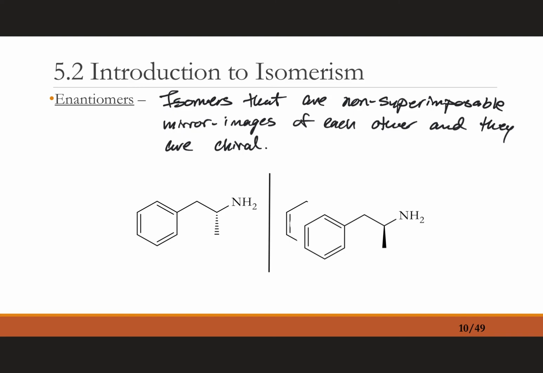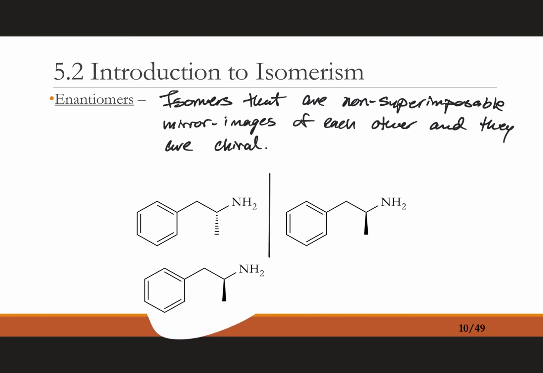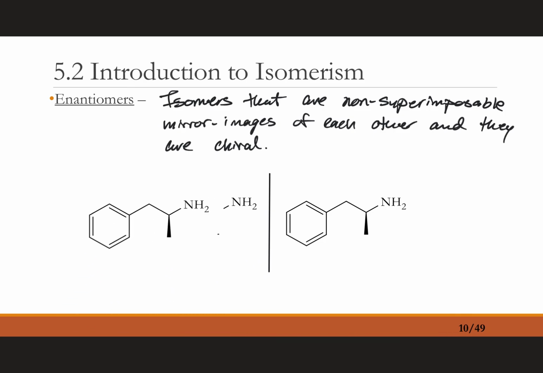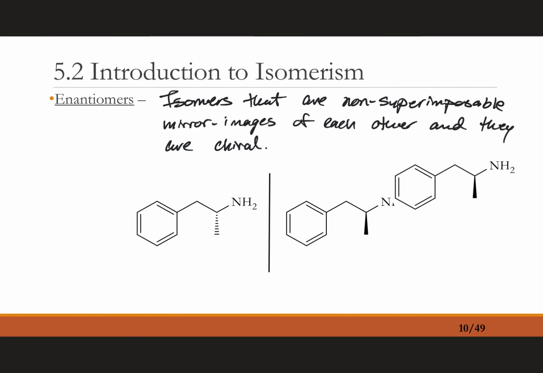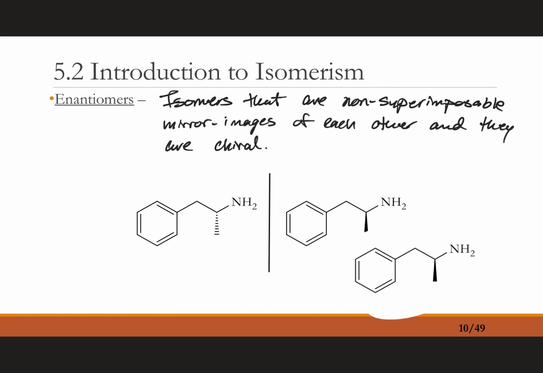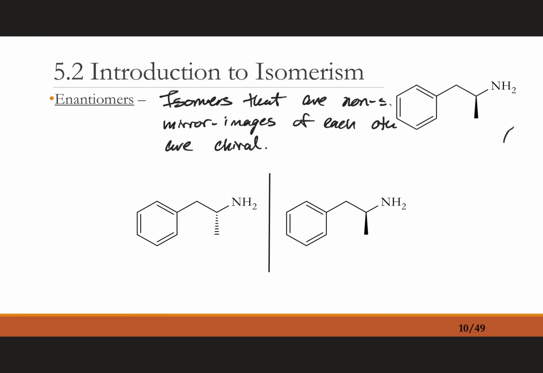And so they are mirror images of each other, but they're non-superimposable. Because in this way of being drawn, the methyl group is up in the one I'm moving around, but it's down in the other one. So in 3D space, they're aligned differently, therefore these are enantiomers of each other.